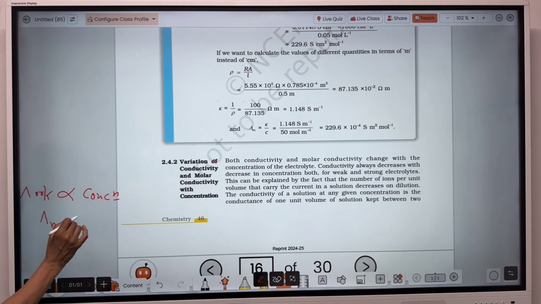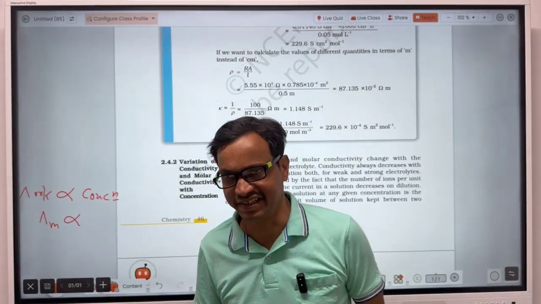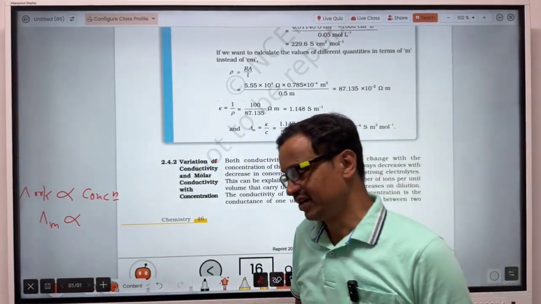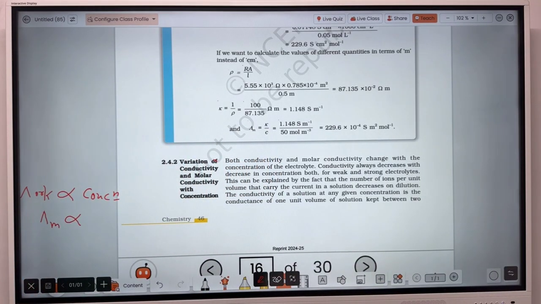On diluting the solution, the molar conductivity will increase because the volume of the solution will increase. So here both are opposite.